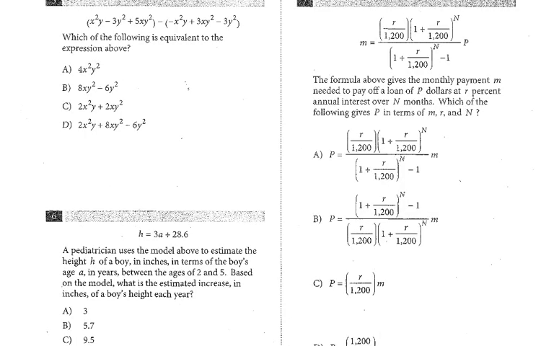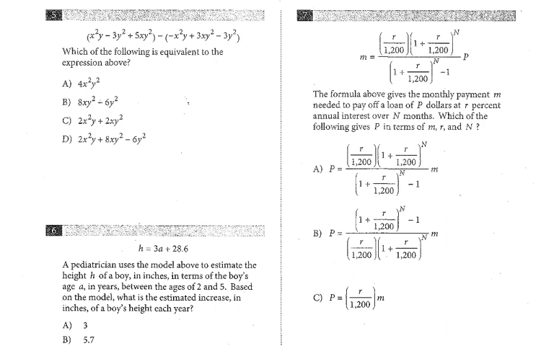For number 7, the formula above gives the monthly payment M needed to pay off a loan of P dollars at R% annual interest over N months. Which of the following gives P in terms of M, R, and N?